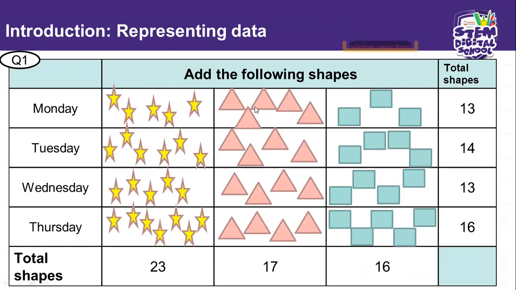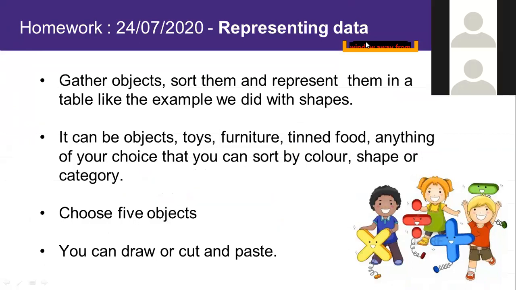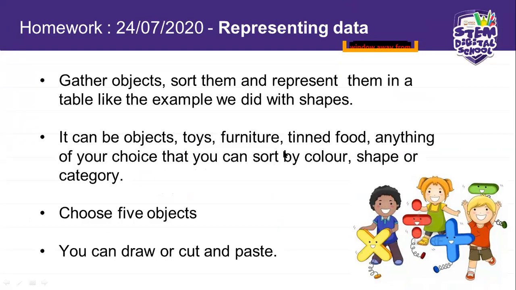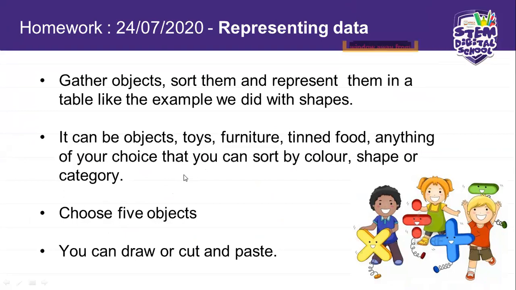Here we had 3 different shapes which we put together, okay? So you will get your own objects. You'll choose 5. It's up to you whether you sort them by color or by shape or by category, okay? It can be spoons, it can be cups, anything that you want, but I just want you to sort them in a table and show us how you sort them.